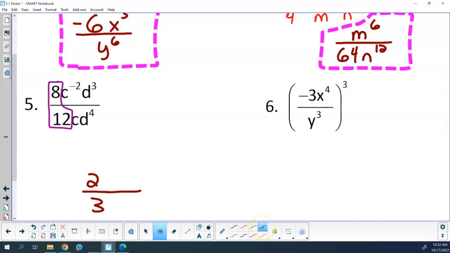C here now. Now if I'm looking at this, I don't like the -2 up there, so I'm going to put c to the +2 on the bottom then. Okay? And that would leave me with 3 c's on the bottom.